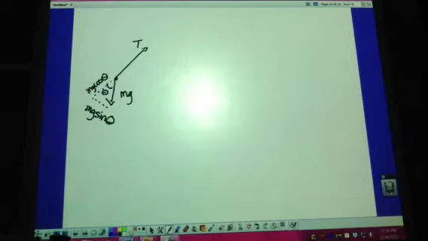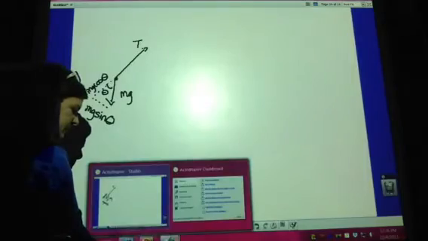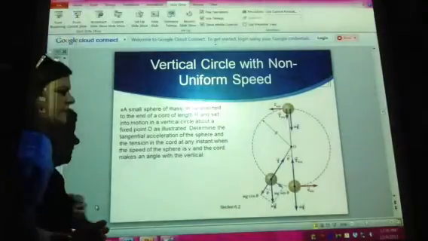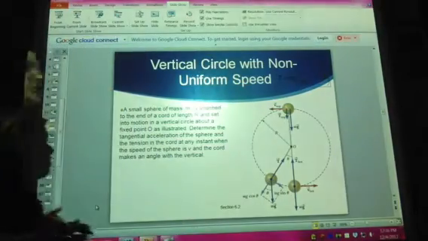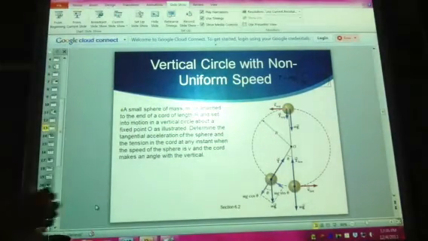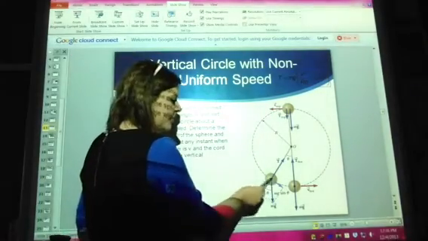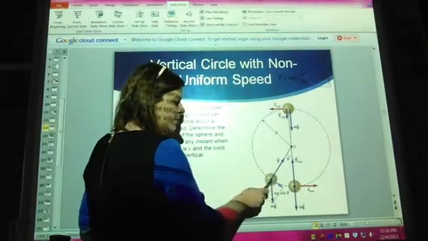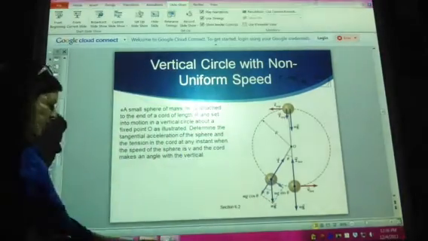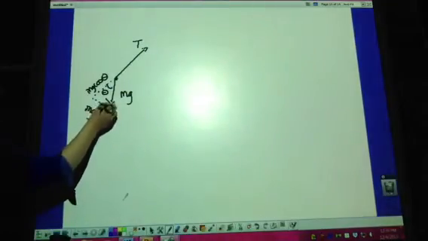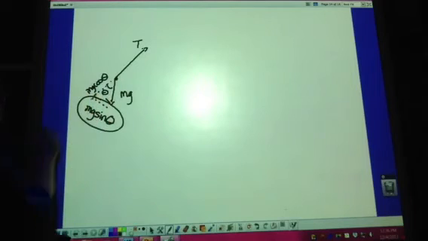I'm trying to think about where that tangential acceleration would be on this picture. If we're right here, tangential acceleration is going to be tangent to that mass. So looking at my picture here, it's going to be my mg sine theta. Going back to our free body diagram, this is what's causing that tangential acceleration.